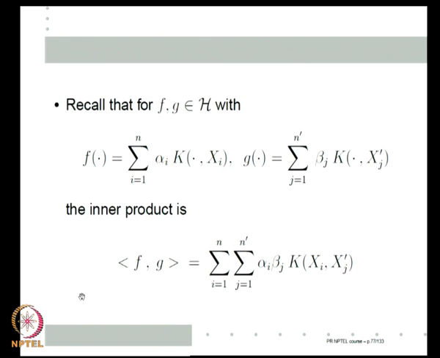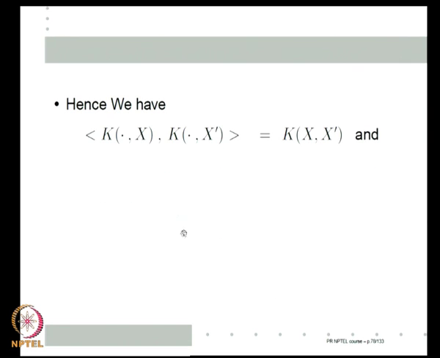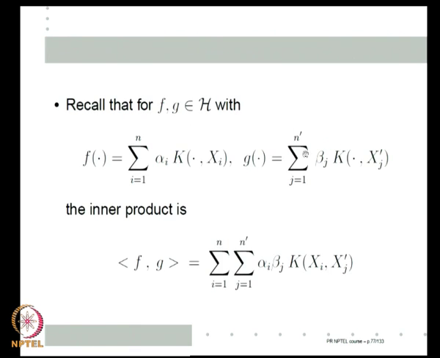So, my inner product will be nothing but k of x comma x prime. So, the inner product of k dot x and k dot x prime is k of x comma x prime. Similarly, if f is this, but g is simply k dot x prime, one element, then what will be the inner product? It is the sum of alpha i k of x prime comma x i.